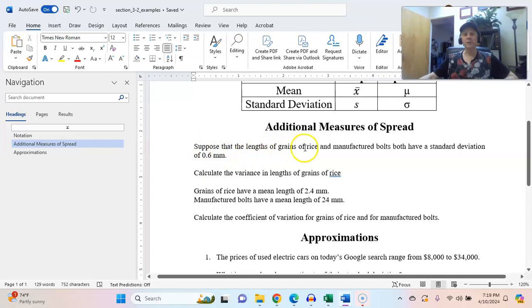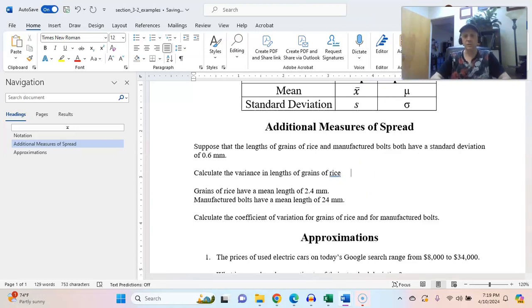Suppose that the lengths of grains of rice and manufactured bolts both have a standard deviation of 0.6 millimeters. Question 1, calculate the variance in the lengths of grains of rice. And of course, this would be the same for the bolts. So we learned that the variance is the standard deviation squared.